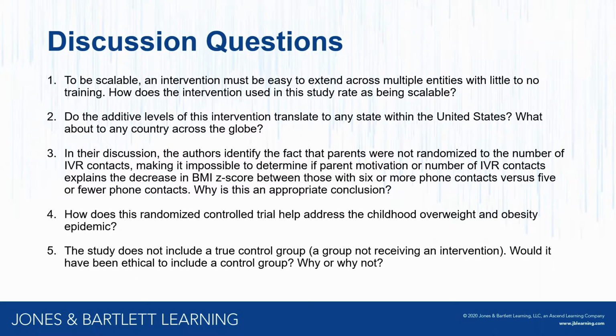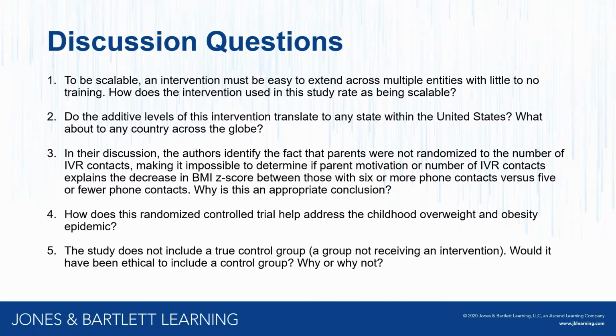And then these discussion questions are just an example of what you can do. I wrote these to have the students define what it means to be scalable, what are we after in general, looking at the additive levels of the intervention. Does that mean it can be moved to any state within the United States? So basically getting at the inference space.